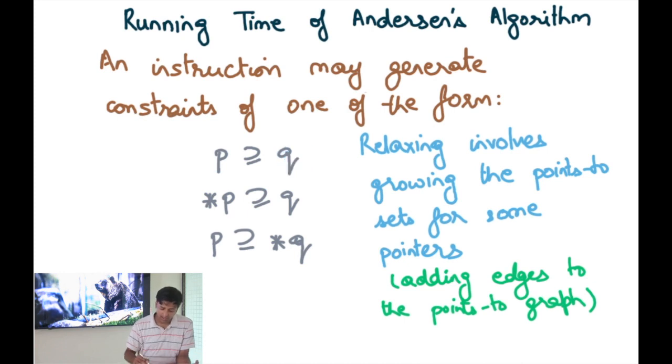But before I do that, I want to point out that the points to set of any single pointer, for example the points to set of q or the points to set of star p, can contain at most order n abstract objects, because that's the total number of abstract objects anyway. In other words, the number of outgoing edges in the points to graph of a node can be at most order n, because the total number of nodes in the points to graph is order n.